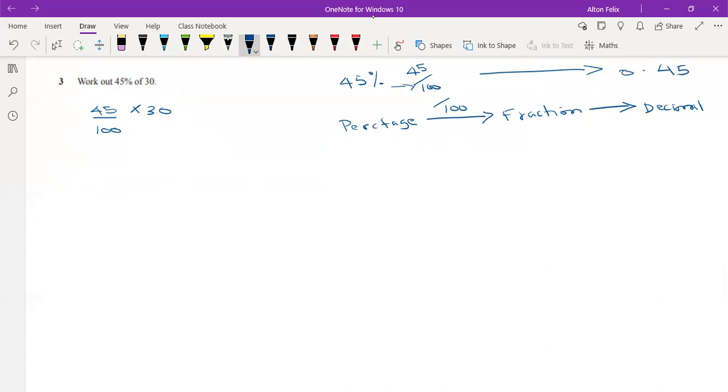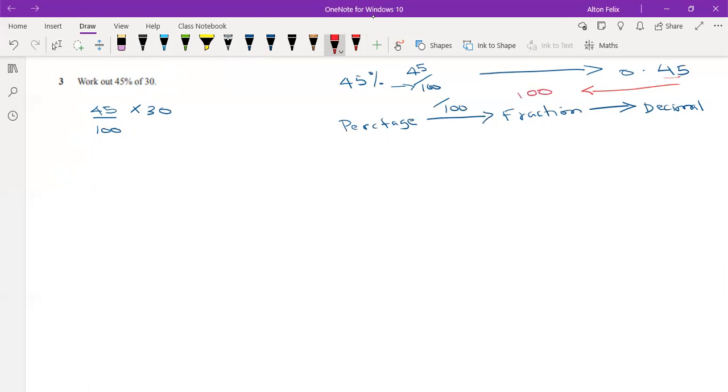And of course, if we are working this way now, let's go back. If you want a decimal and you want to write it as a fraction, you count the number of decimal places. Remember, I told you that earlier.